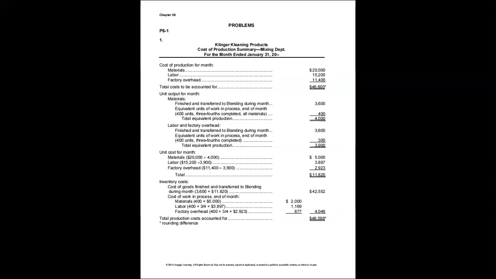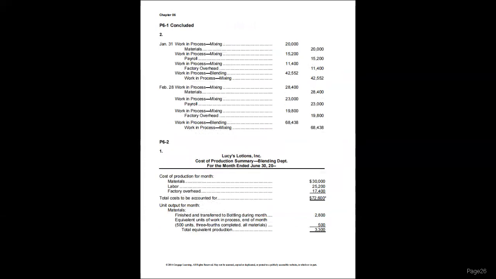And the cost of the work in process at the end of the month, we have 400 units for materials, then multiplied by 5, labor 400 times 3/4, or the EP of 300 times the cost per unit. The same with factory overhead. So we have now your total production cost to be accounted for is now equal to the cost accounted for.